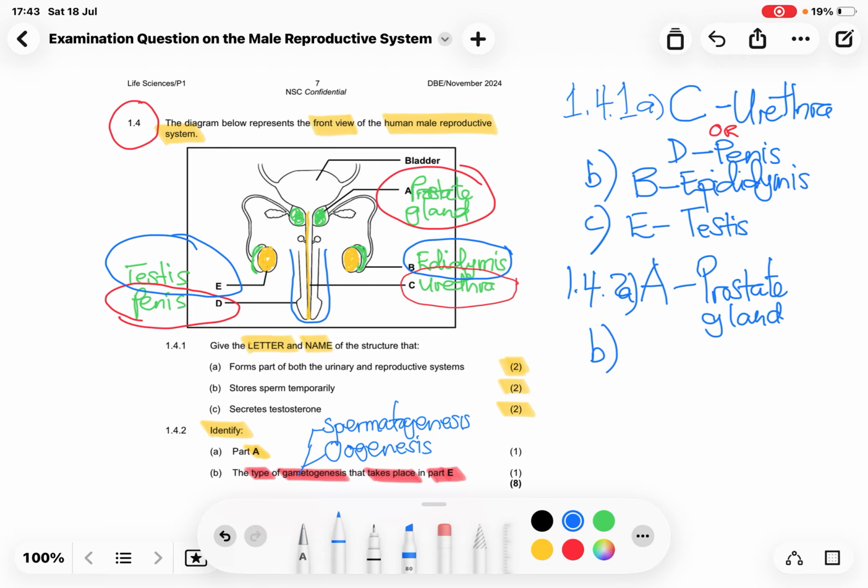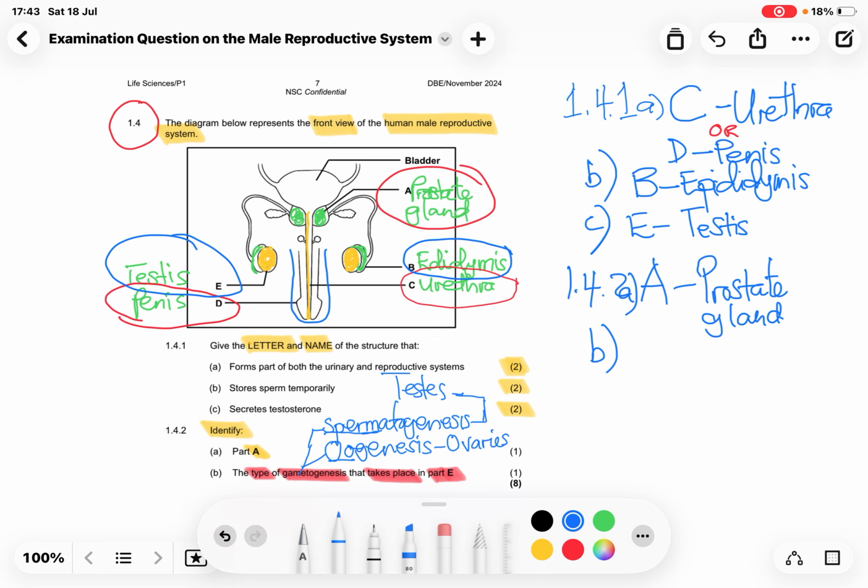Spermatogenesis takes place when we are actually producing sperm. And because we are producing sperm, it takes place in the testes. Oogenesis is about production of ova or egg cells, and it takes place in the ovaries.